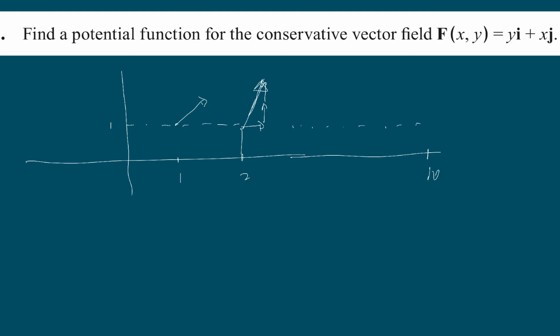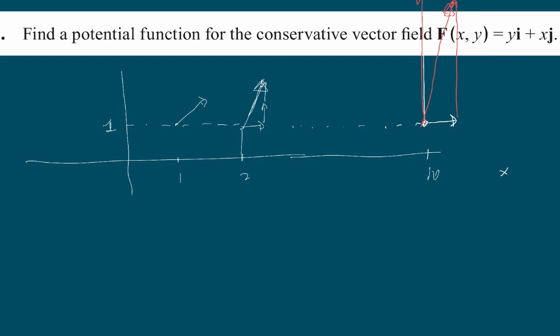At the point x equal 10, the x component will be maintained as 1i because y is 1, plus 10 times in the j direction. Let me change the color. So the vector field will be like this.